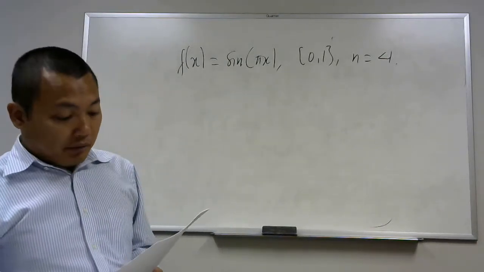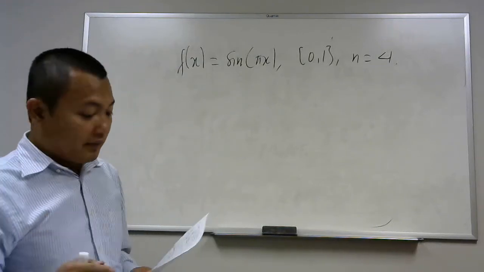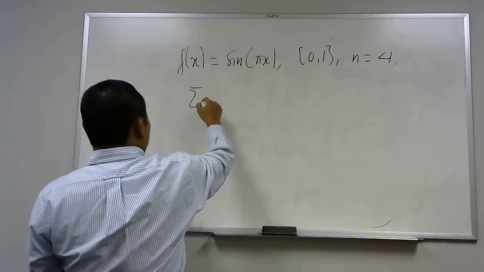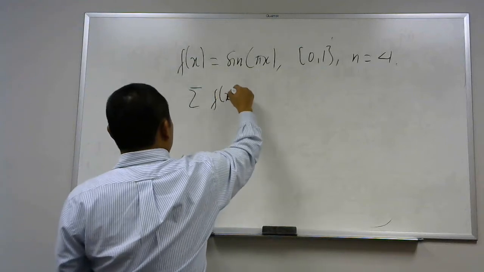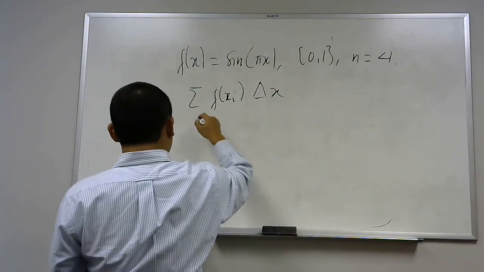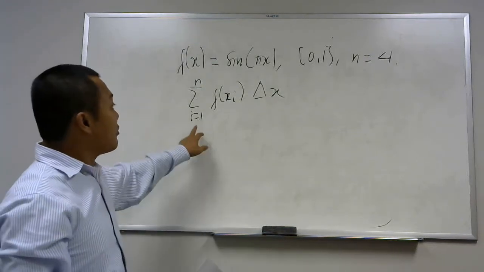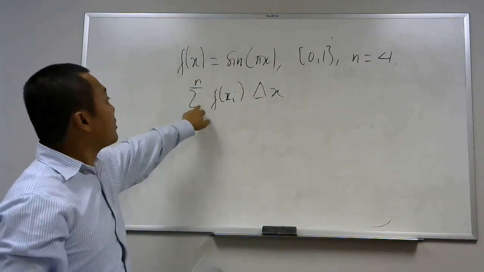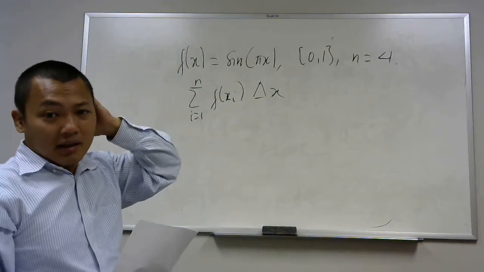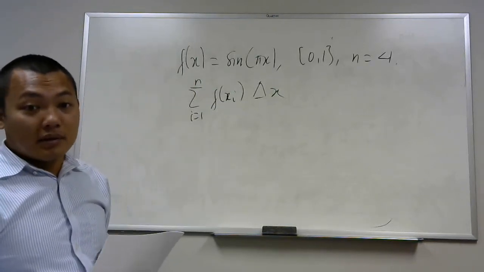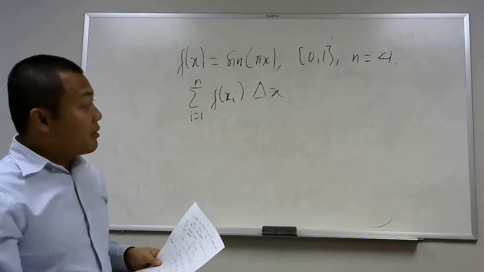I will write the general formula of the Riemann sum first. So the general formula looks like the sum of f of xi delta x, from i equal 1 to n. Of course, if you pay attention, when i goes from 1 to n, that means we use right endpoints, right? And what if we use left endpoints?